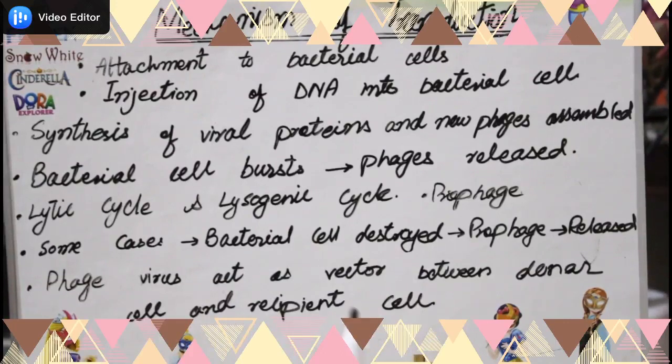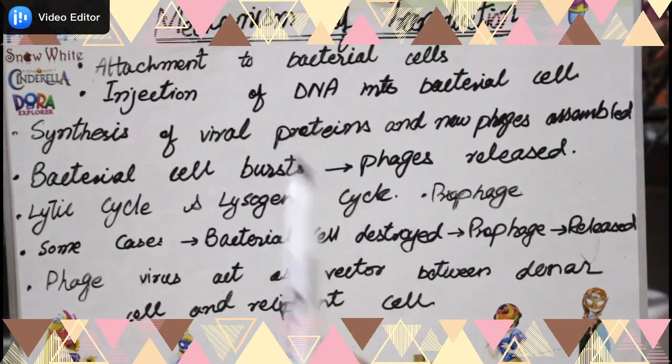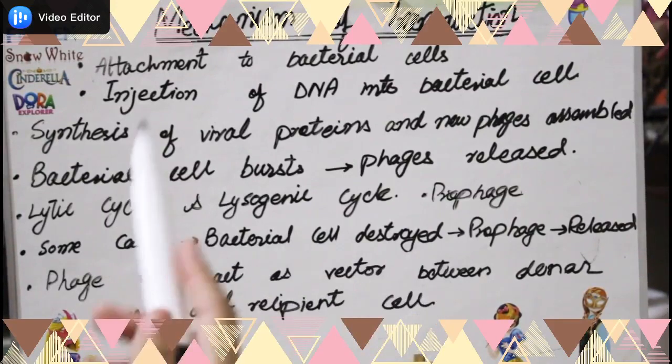When the bacterial cell replicates, it produces progeny phage DNA as well, alongside all of the bacterial cells. The integrated phage DNA is known as prophage. The virus which carries out this process is known as a temperate virus, and the bacterial cell in which this process takes place is known as a lysogenic bacterium.